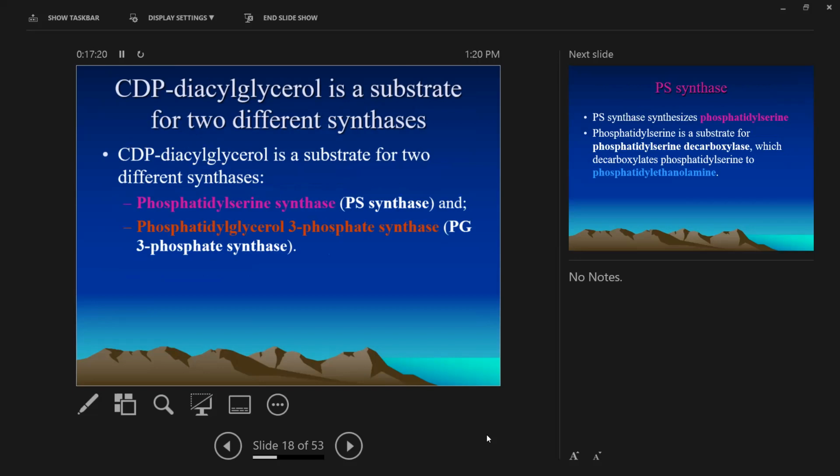Now, this is a substrate for two different synthases. First one is phosphatidylserine synthase. This is already activated. You don't need to put any energy into this reaction. Then you have phosphatidylglycerol 3-phosphate synthase, PG 3-phosphate synthase.